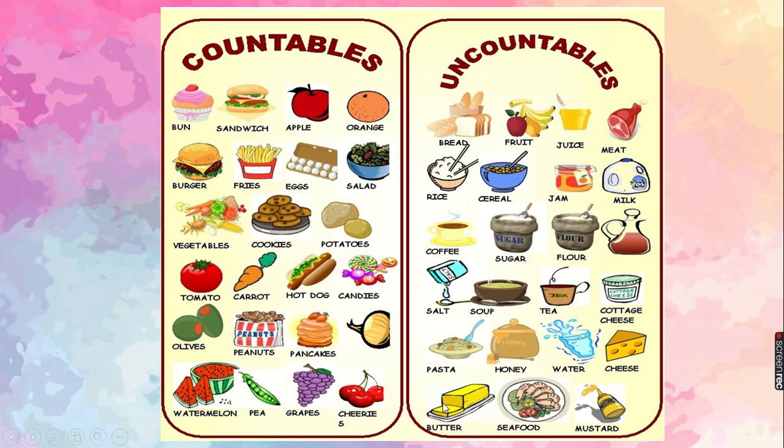Pasta. Honey. We don't say honeys, okay? We can say a jar of honey. I have 6 jars of honey. I have some honey. Water. We don't say waters, okay?